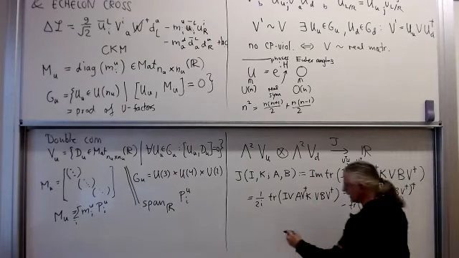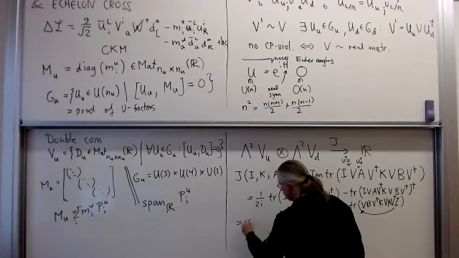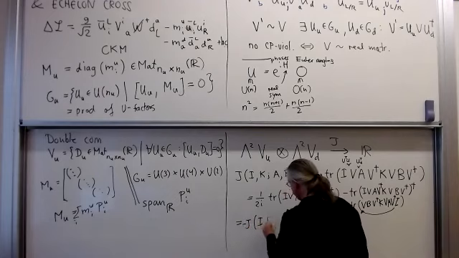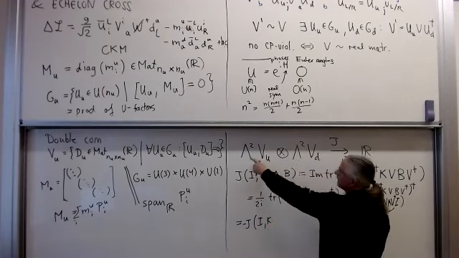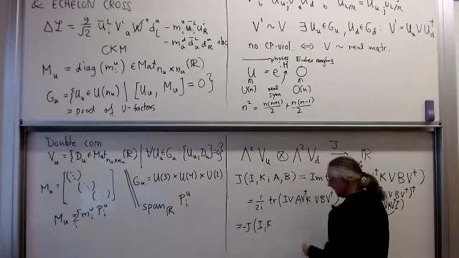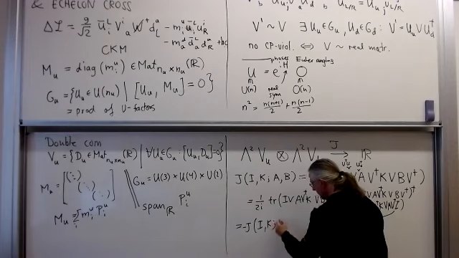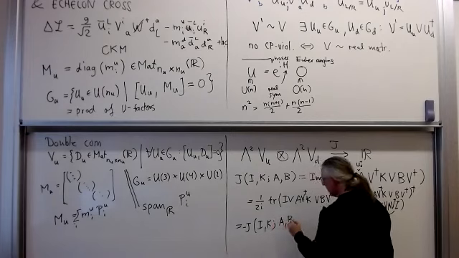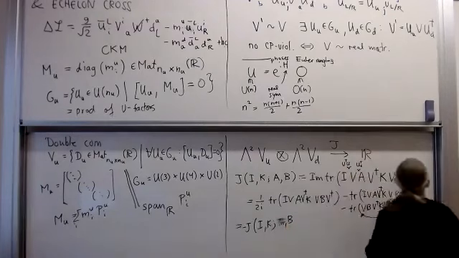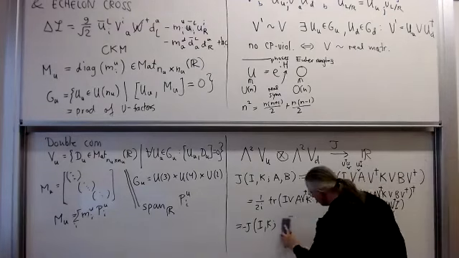So we get the property that J is actually antisymmetric in A and B. And this is why I said that they live in the antisymmetric tensor product. Then of course I should write B and A here.